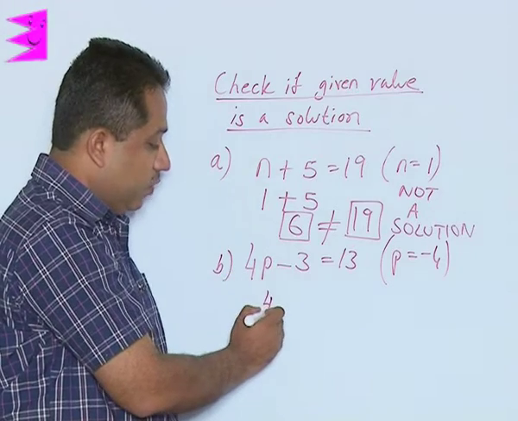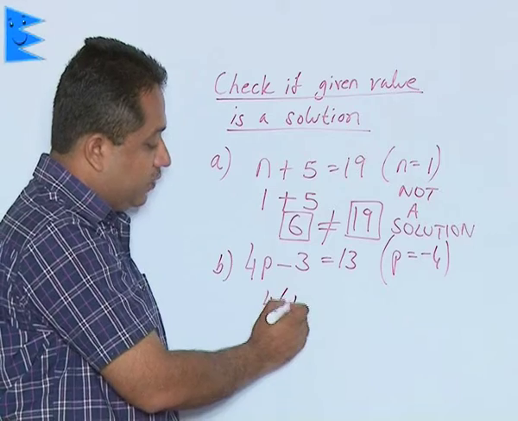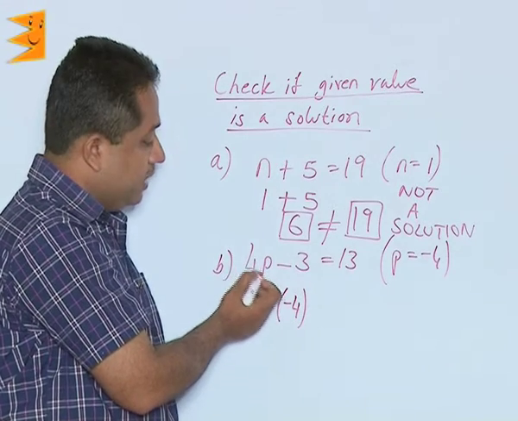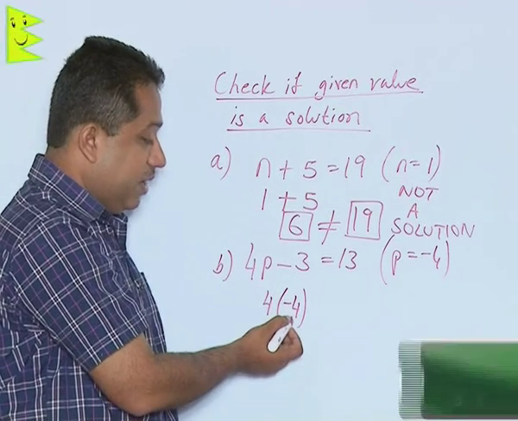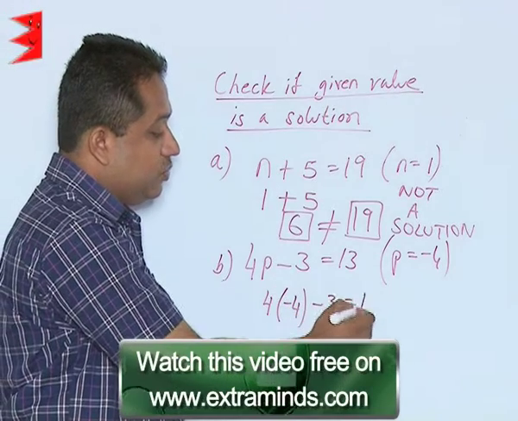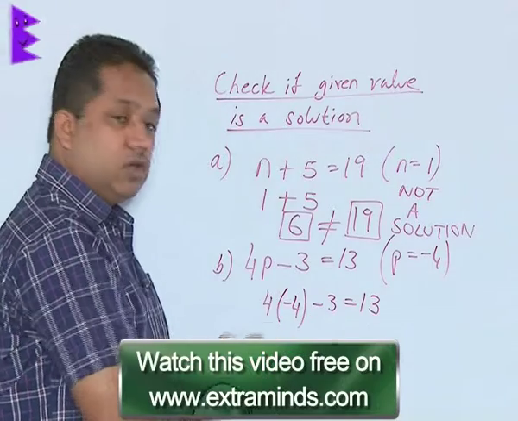So, we get 4 and the value of p given to us is minus 4. So, we get minus 4 here. There is no sign between 4 and p. This indicates that 4 and p are multiplied. So, 4 has to be multiplied by minus 4. Minus 3 has to be proved equal to 13. We have to verify whether it is 13 or not.